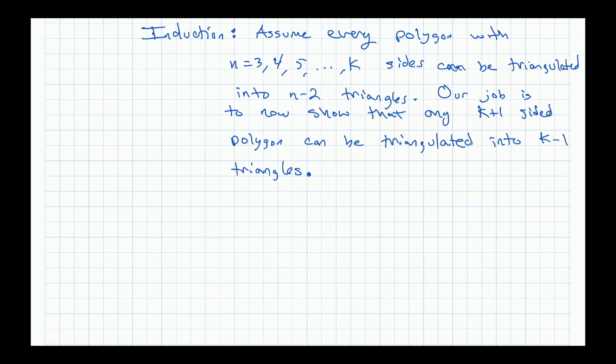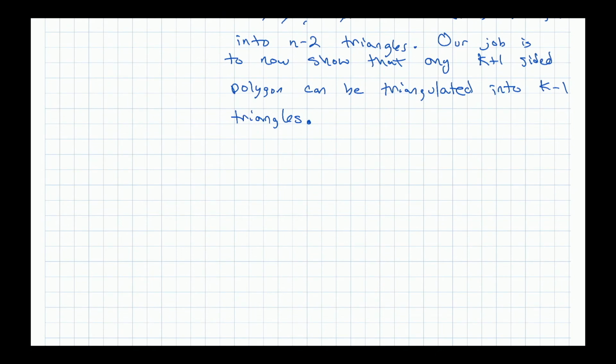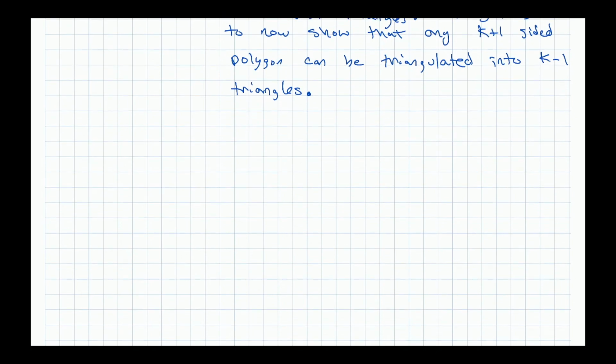We haven't done it yet, but we have our induction hypothesis. Up to k, we know you can do. K plus 1, that's what we're proving. So how would you do that? To actually start the proof here, you say let P be a k plus 1-sided polygon.